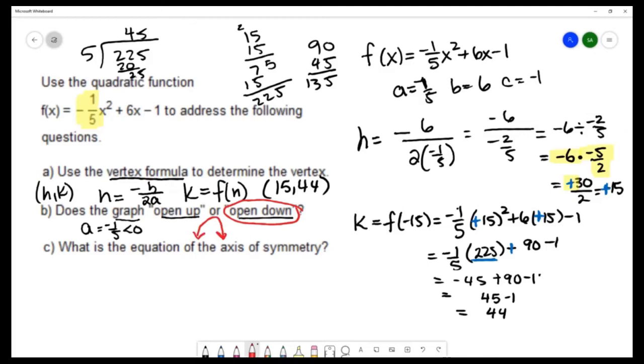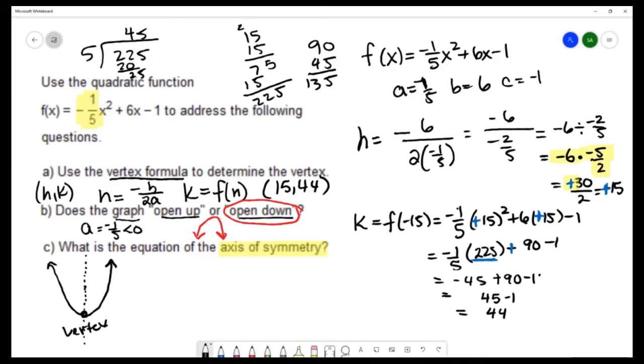Now finally, we want to know what the axis of symmetry is. And with parabolas, the graph does have some symmetry going around the vertex. And so we call the vertical line that passes through the vertex the axis of symmetry.